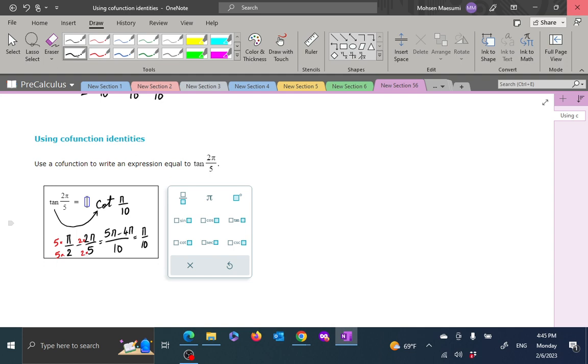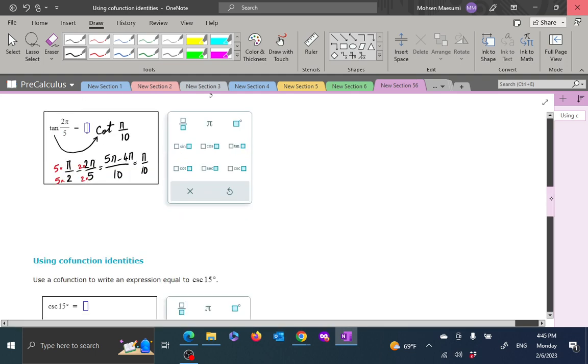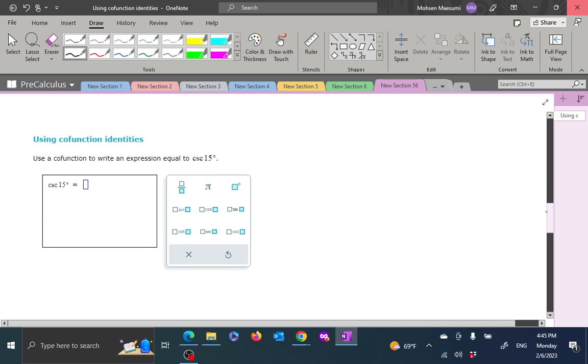Similarly, we handle any other kind of problem in this section. So it's very simple. How about cosecant? What is the cofunction of cosecant? Well, it's just secant. Now, how about this one?